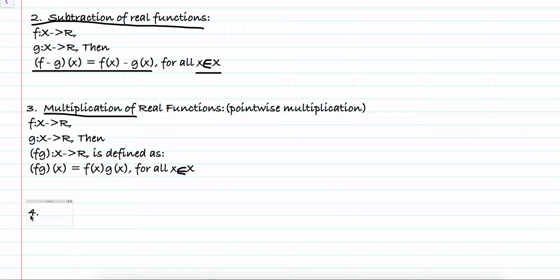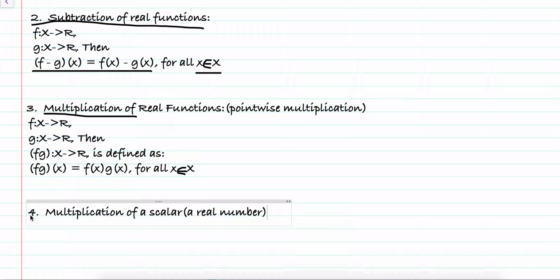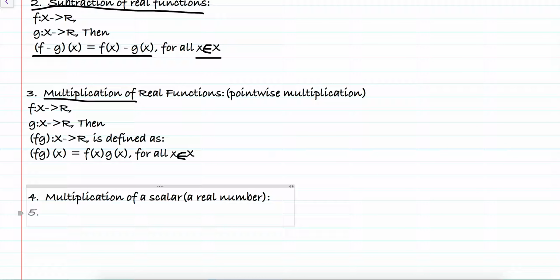Now next we will see multiplication by a scalar. Here by scalar we mean a real number. So if we multiply a function f by a scalar, then we can define a new function, that is scalar times function.